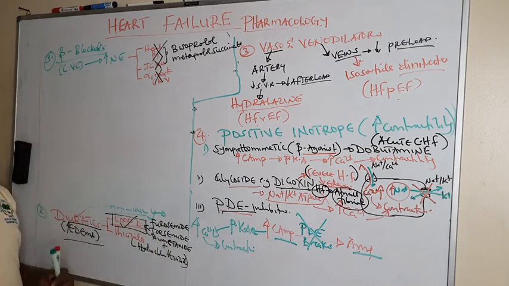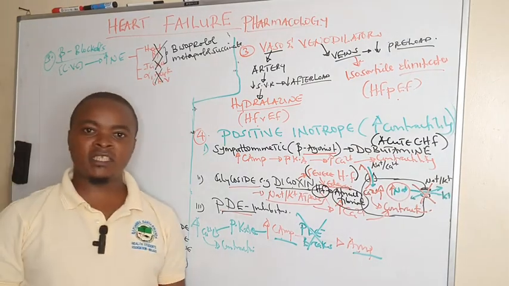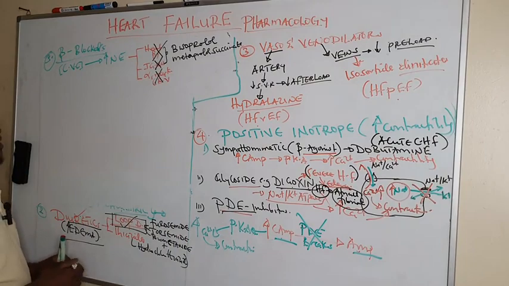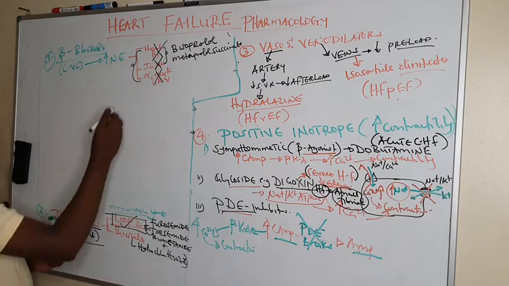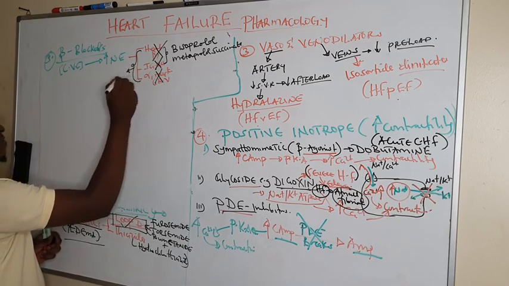So these ones are cardioselective or beta-1 selective blockers. Whereas the one which is non-selective, which blocks both beta and alpha, is carvedilol.